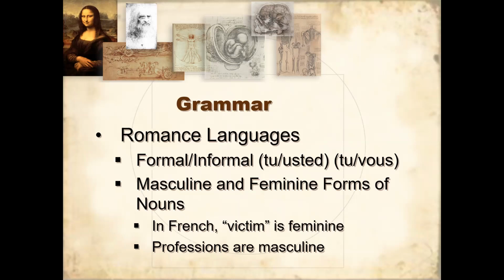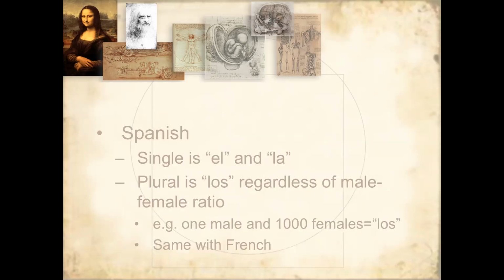And so if you look at the word victim in French, it is a feminine word. And most professions in a lot of these Romance languages are masculine words. And so that even shows like when these languages were created, victim was seen as a more female-centered word, and jobs were more of a masculine thing. So it's reflective on these old cultural values that they had long ago.